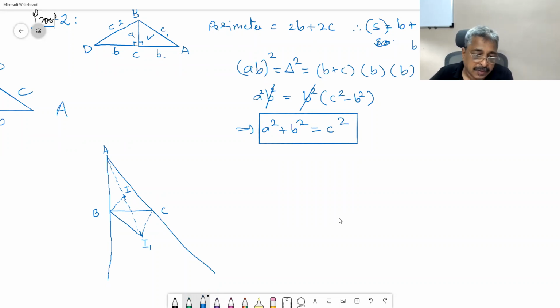Right? So if you draw a perpendicular from I on BC, this is your point D. If you draw it from I on AB, this is your point F. If you draw a perpendicular from I1 on BC, it is D1.